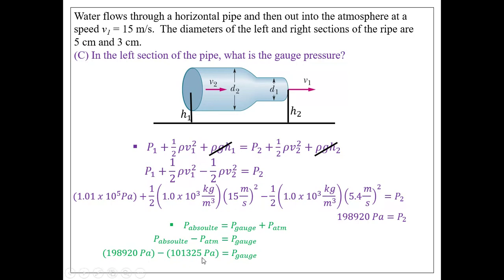So keep in mind, sometimes it's kilopascal, sometimes it's just Pascal. Make sure you're able to do that conversion simply by multiplying or dividing by 1,000 based on whether you want Pascal or kilopascal. And that will equal the gauge pressure here. If you take the difference, you'll get 97,595 Pascal. And that is it for the gauge pressure.